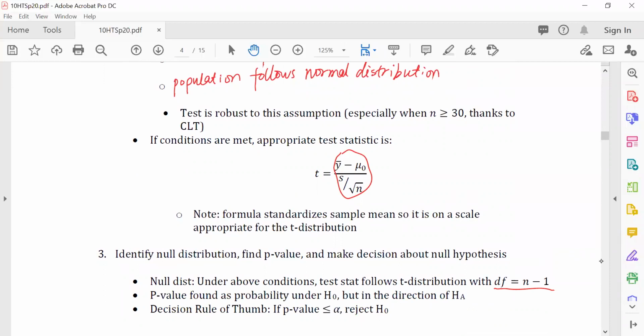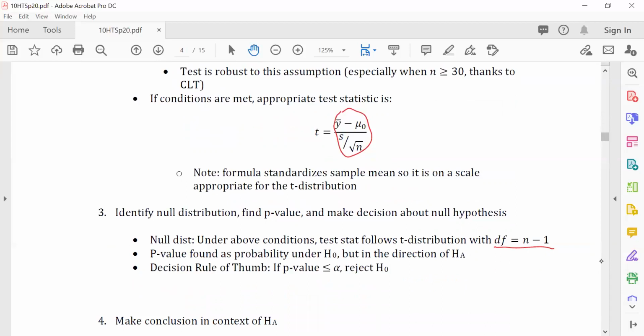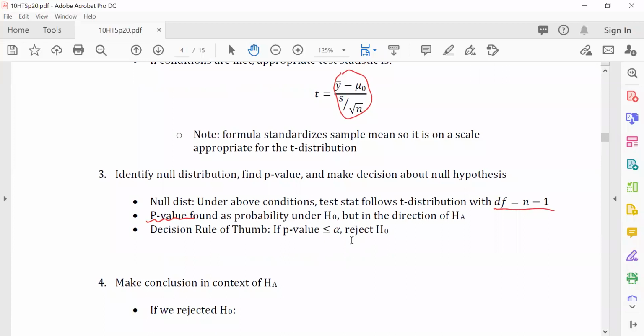The sampling distribution that the test statistic follows is called the null distribution. Then we can find the p-value as the probability under H null, but in the direction of HA. We will talk in more detail about how to find this p-value later on. I just listed it here as a step.